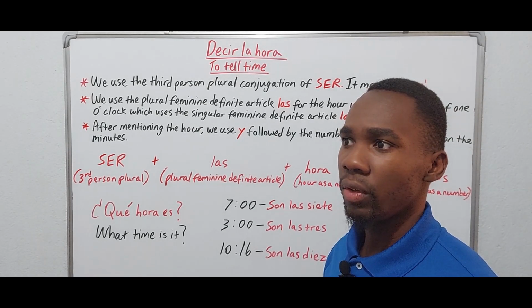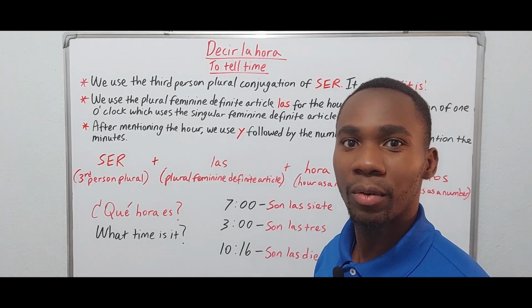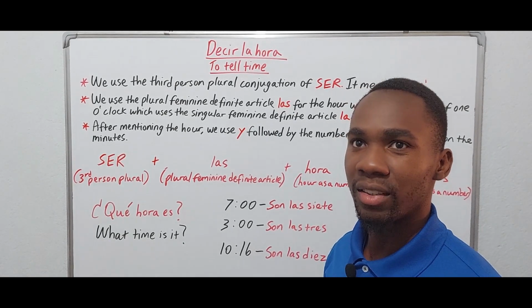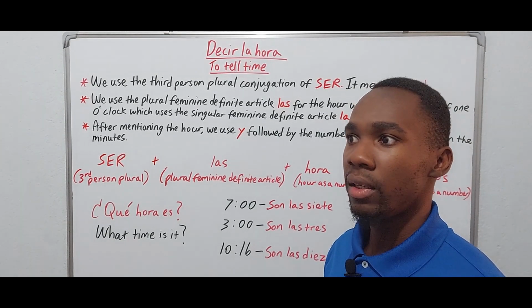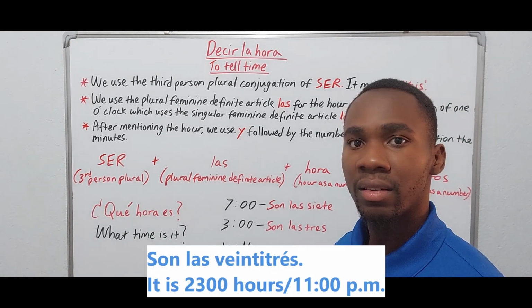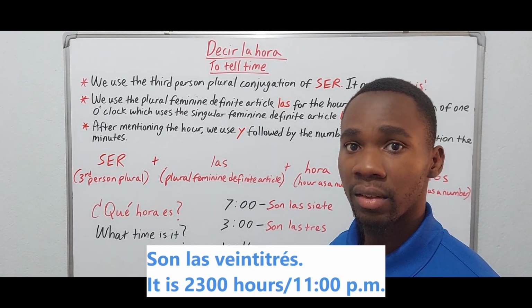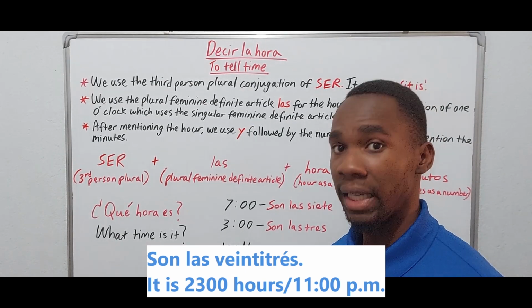So in that case, you would need to know to count up to 24, right? So that's the only difference there. So an example of a 24-hour clock time would be son las 23. Son las 23. So that would be, it is 2300 hours, or it is 11 p.m., right?